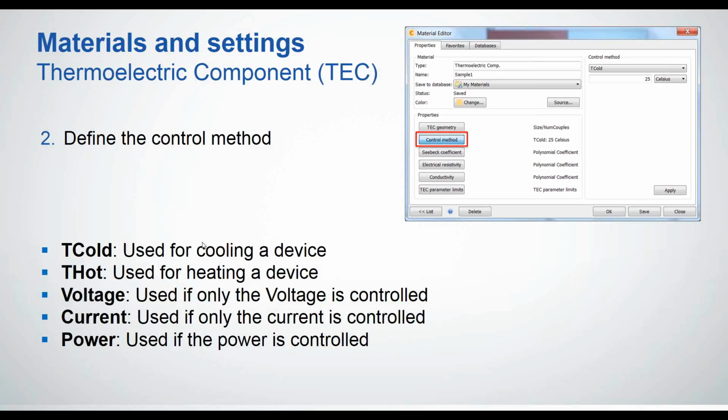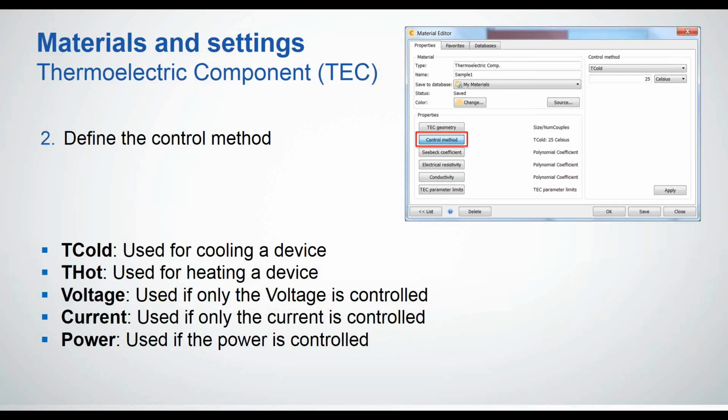For the parameters we have the T-cold, as I already mentioned, and the T-hot. If you want a target temperature to be hot, that means you want your tech device to add heat to the user-defined tech surface to maintain the temperature.